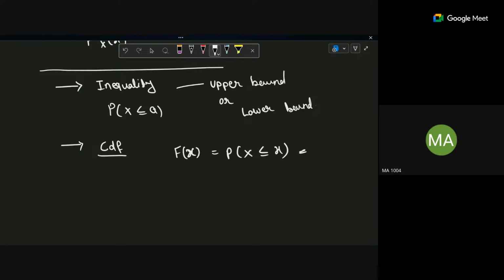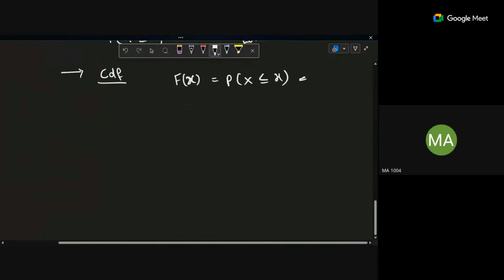But you can't come to CDF if you don't know the distribution of random variable x. The thing is, first you need to have x, a random variable. If it follows some defined or well-known distribution, like uniform, normal, or geometric distribution, at that time you know its PMF or PDF.